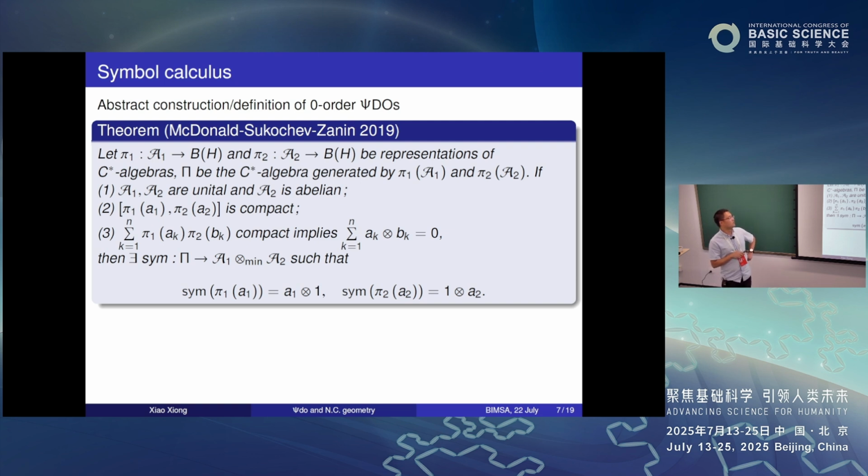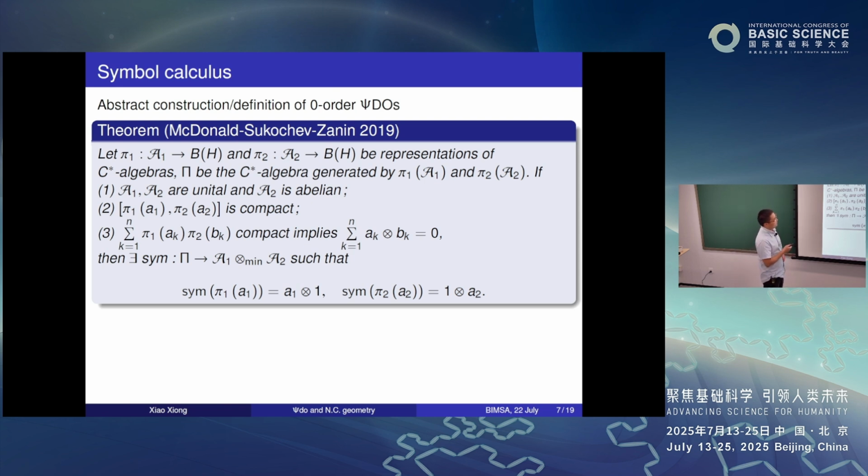So keep in mind that this pi 1 is pointwise multiplication, and pi 2 is Fourier multiplication. So still H is L2 on the torus, and then A2, we can take it as continuous functions on the unit sphere.